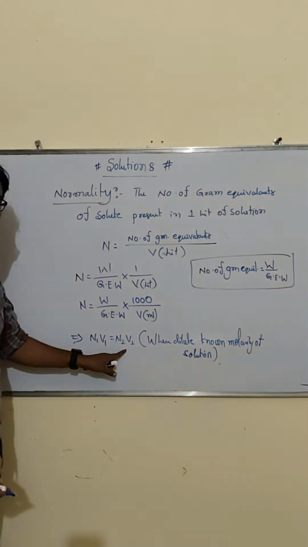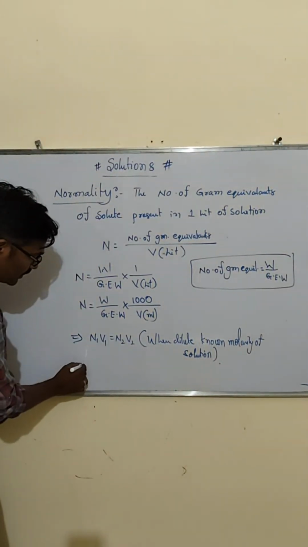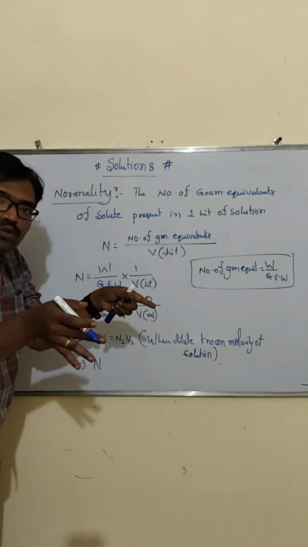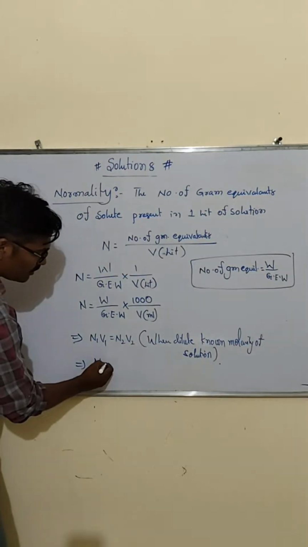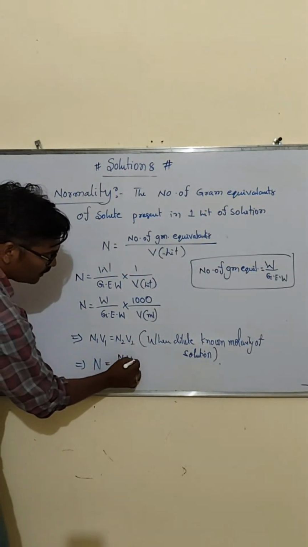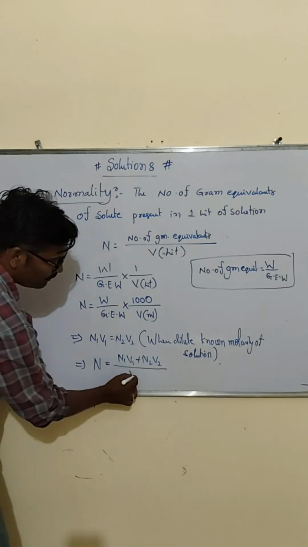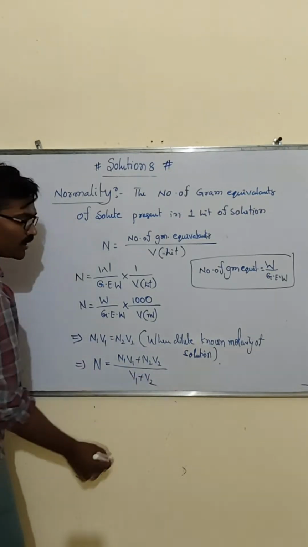Then one more formula: the resultant normality when two solutions are mixed equals N1 V1 plus N2 V2 divided by V1 plus V2. This formula you can use.